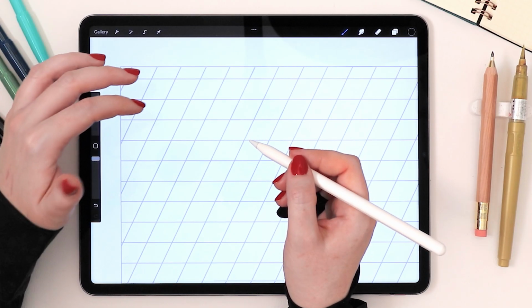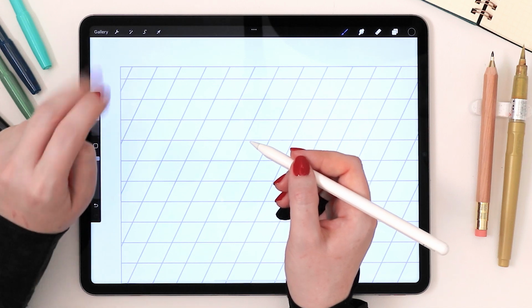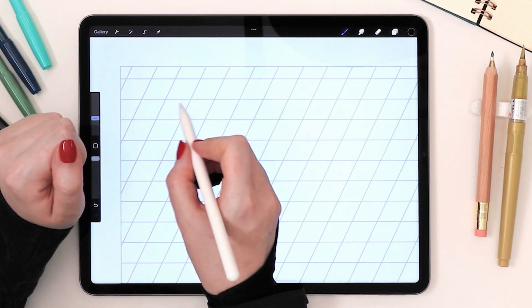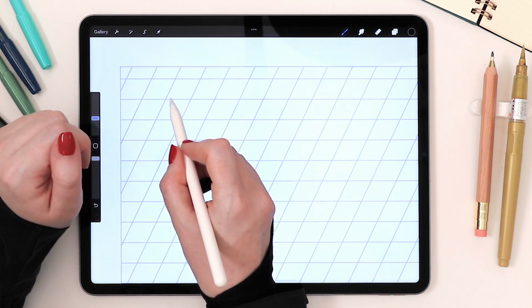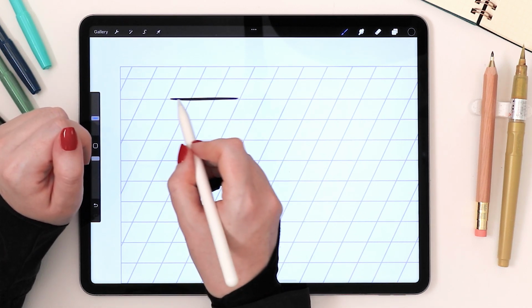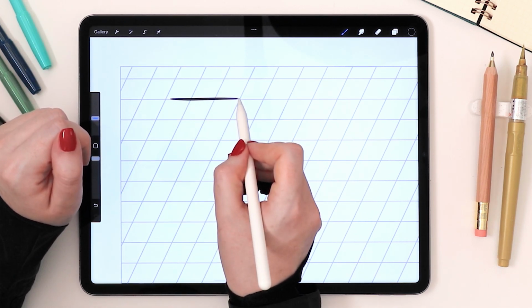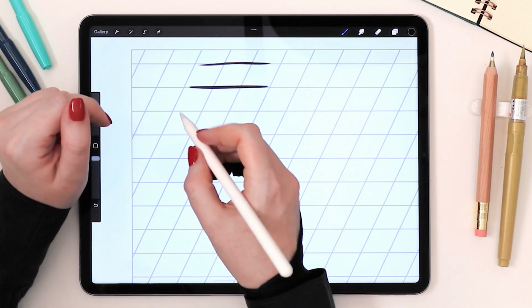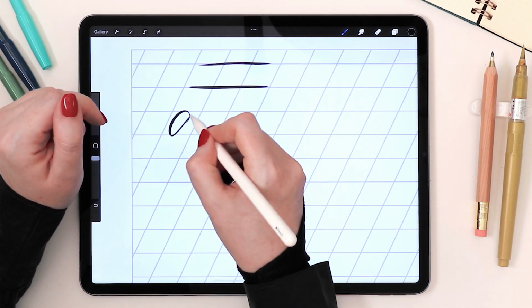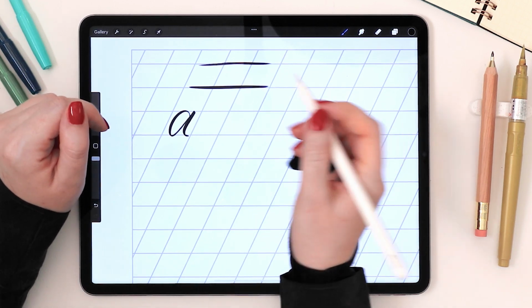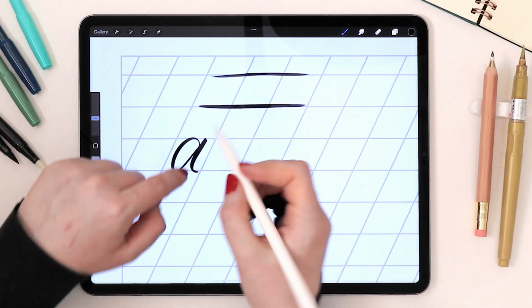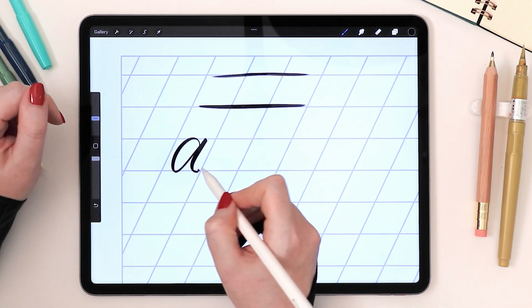The final grouping of letters is just 3 letters, and 2 of them have related shapes. But what really makes them have something in common is that they're the only 3 letters of the lowercase script alphabet that don't end at the baseline, but end at the waistline. So let me first say what I mean by that. If you have an A, when you're done with the A and you're ready to move into whatever letter comes next, you find yourself right here, right?